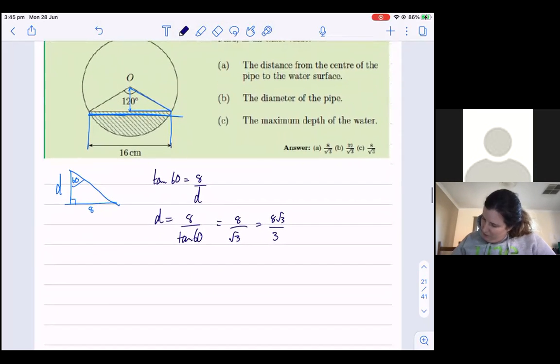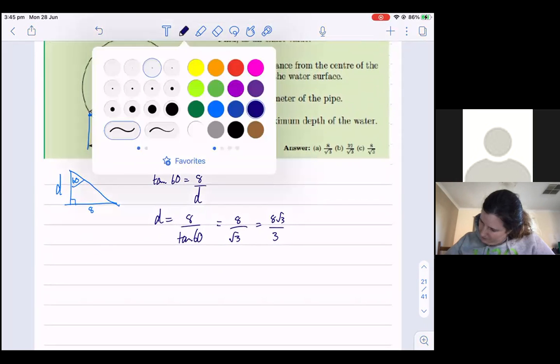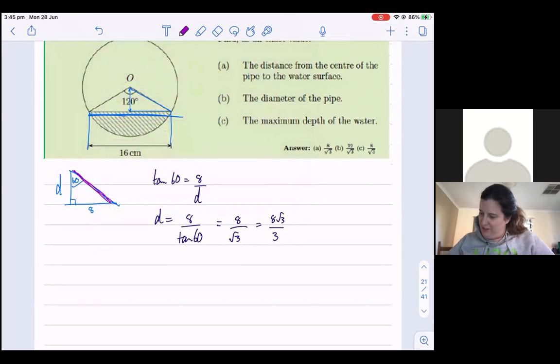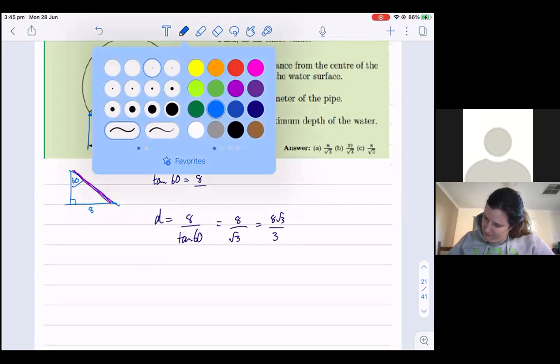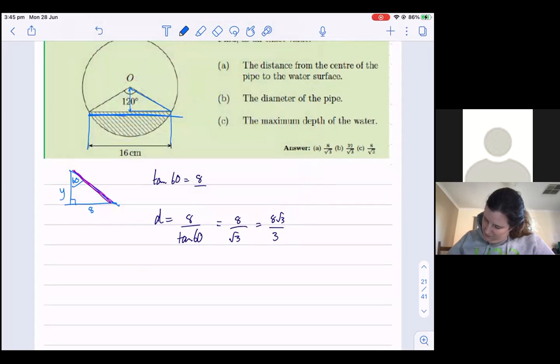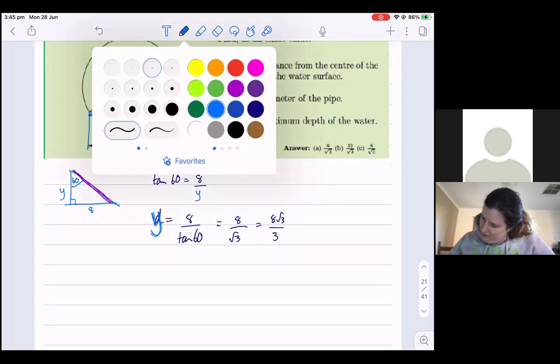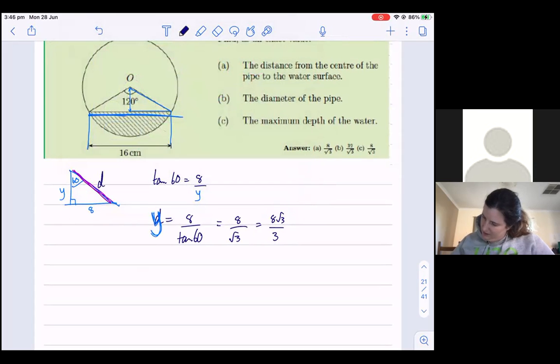The diameter of the pipe. So now this time, the diameter, I wish I hadn't used D. I'm going to use Y. I could use Pythagoras or I could use SOHCAHTOA.